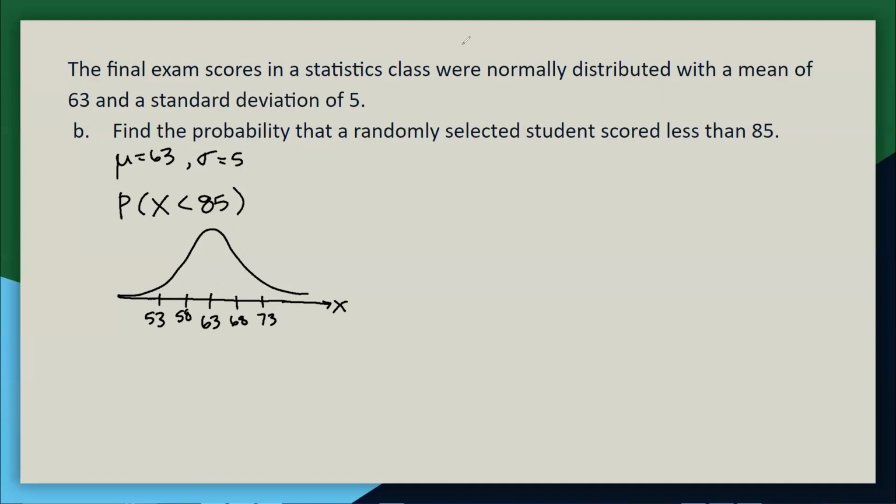So that's way out in that tail. That's going to be way out here somewhere because this is 73, 78, 83, 85 is going to be out here somewhere. And we're interested in getting less than 85. Less than is this way.